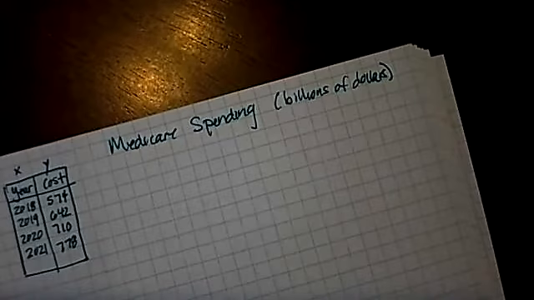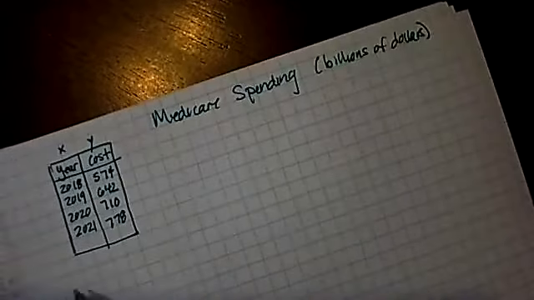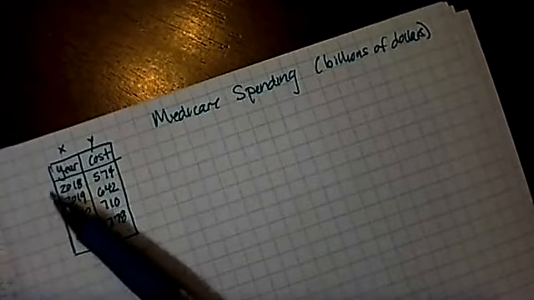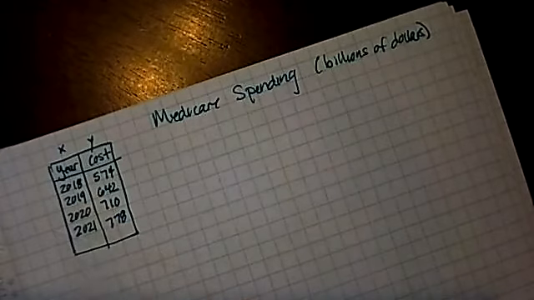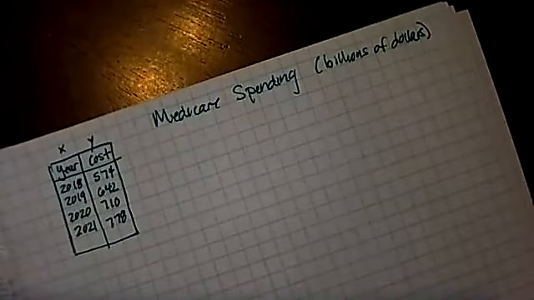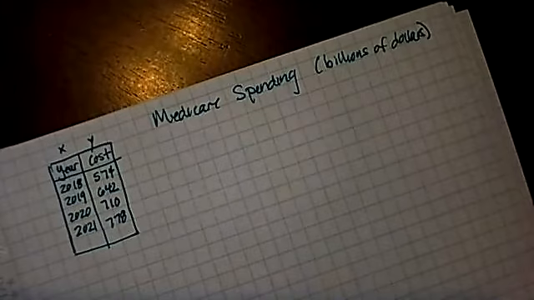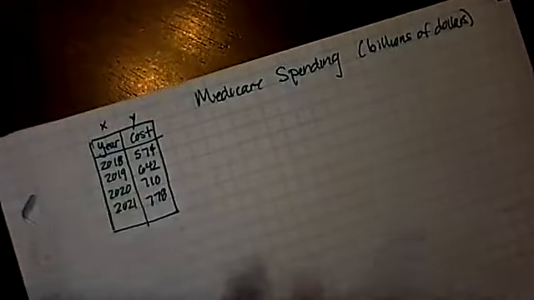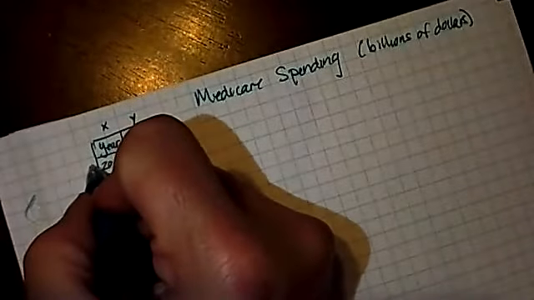So a hint that they give you on this, and this works anytime you're dealing with years, is that if you put this in a calculator and you're trying to find a good window, you have to go to the 2000s and your numbers are really big. So what I always suggest when you're doing an x value and we're talking about years, take your first one and always just make it 0.